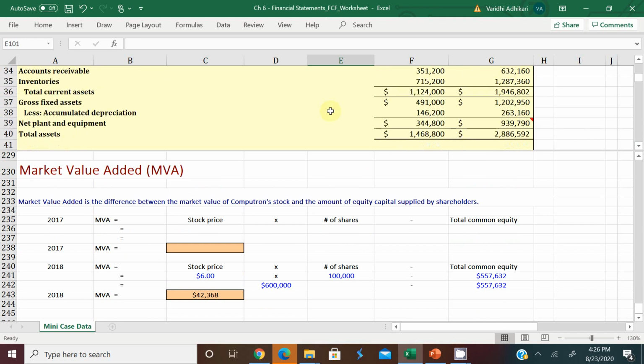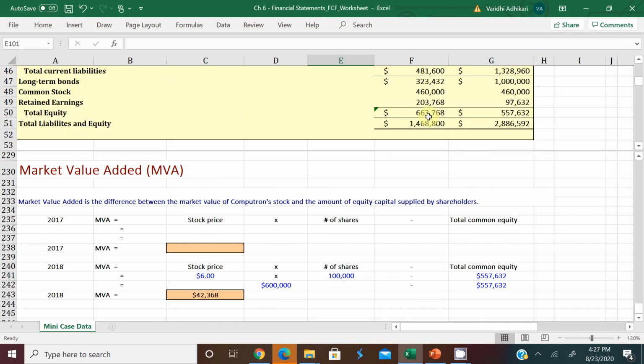So you can say total equity in the balance sheet is the amount of investment the shareholders originally made plus retained earnings. Compare that with the value of the share in the market, and the difference is the market value added, or the additional amount the market is willing to pay for this company given the future.